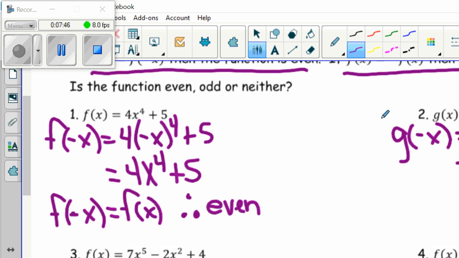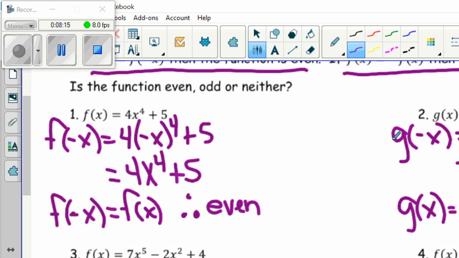I did not get the exact same thing back that I started out with, so I know it's not even. So then I'm checking for odd. Odd says if f of x is equal to the exact opposite, all of my signs change, so that's negative f of x, then it's odd. Did all of my signs change? Yes. So here, g of x was equal to negative g of x. Therefore, it is odd. If I were to graph this function, it would be symmetric about the origin.